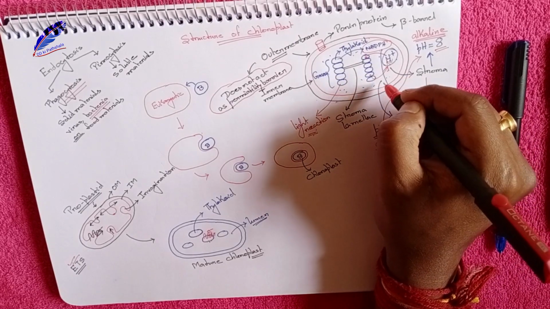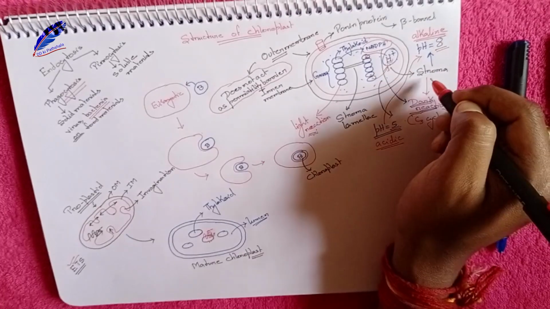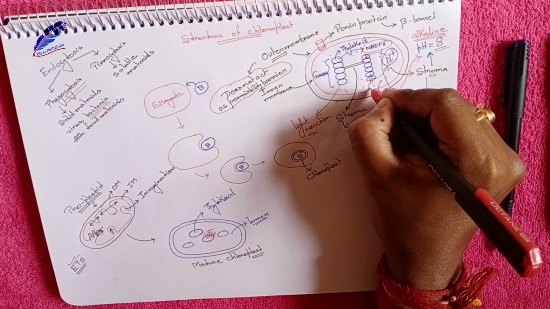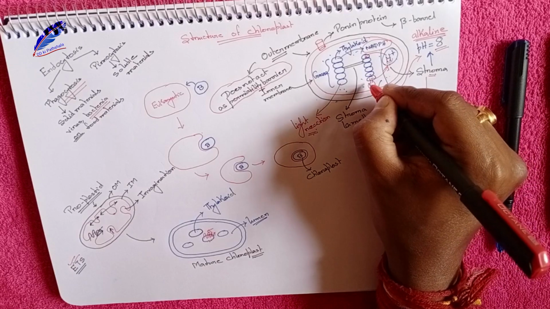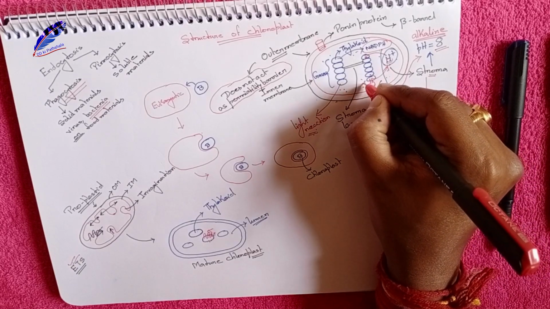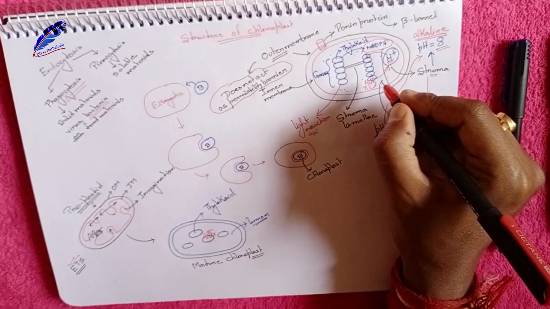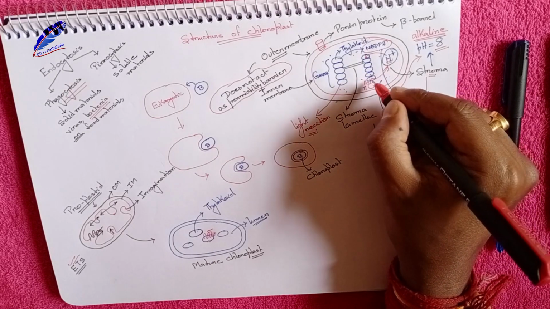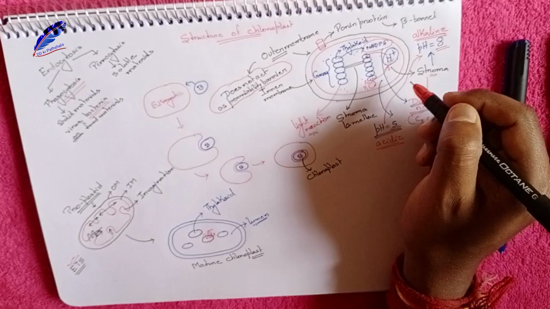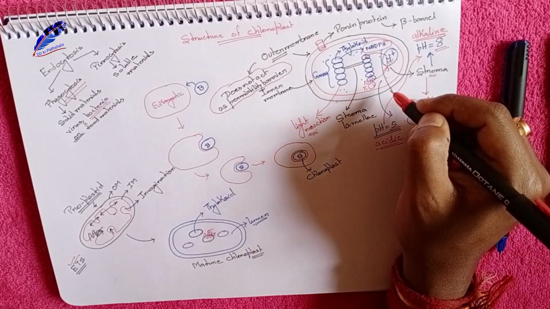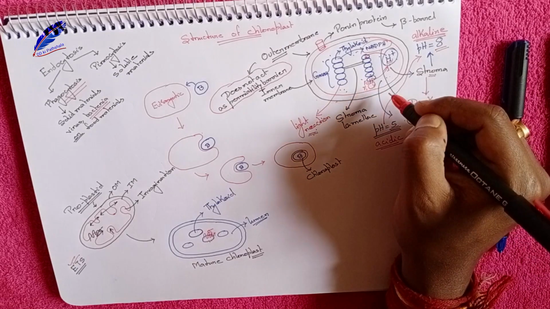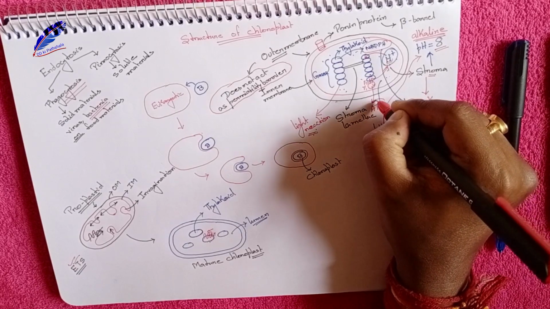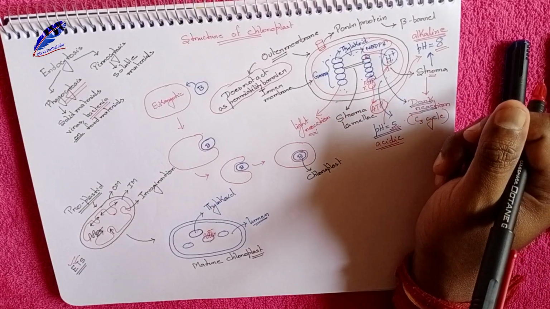These hydrogen ions are liberated out to the stroma through F0F1 particles present in the thylakoid membrane. And when hydrogen ion comes out through the F0F1 particle, it leads to the synthesis of ATP.